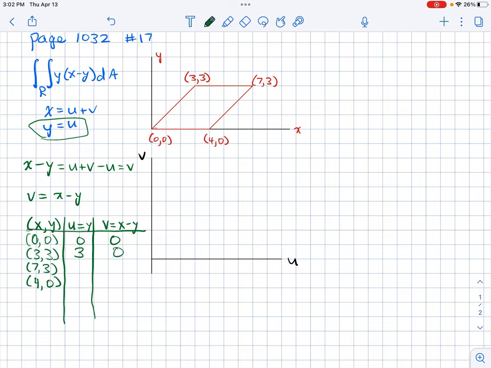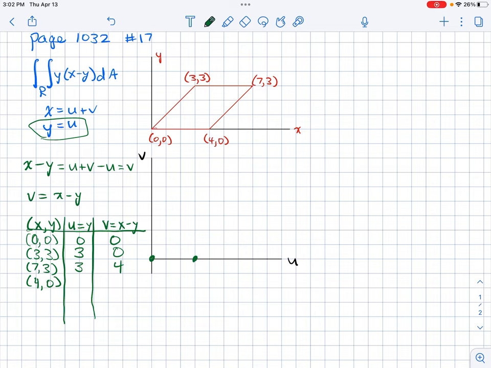So let's plot what we have here. We have 0, 0, and we have 3, 0. Okay. Now let's try 7, 3. Well, the y is 3. Now, 7 minus 3 is 4.